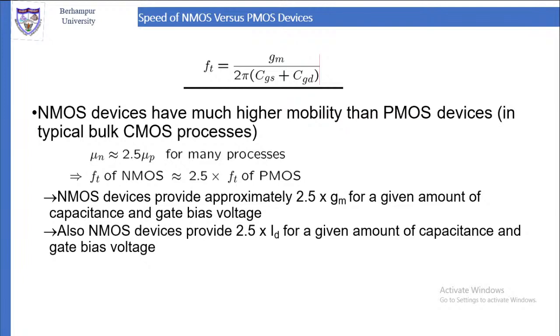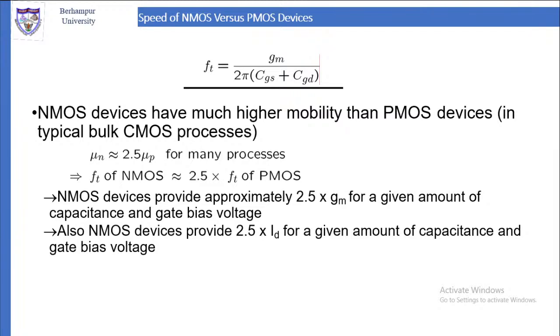Now in this NMOS device, mu n is approximately 2.5 times mu p. So for many processes, this is the standard. So that implies that Ft for NMOS is approximately equal to 2.5 times Ft for PMOS, because Ft is proportional to mu.